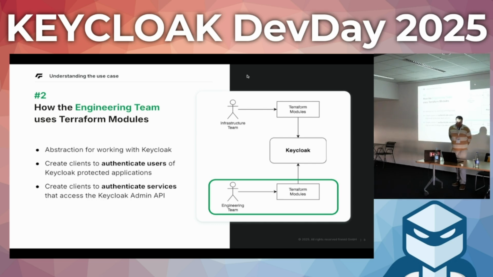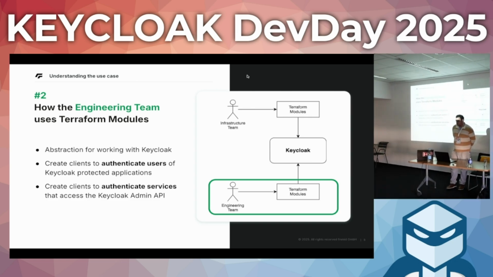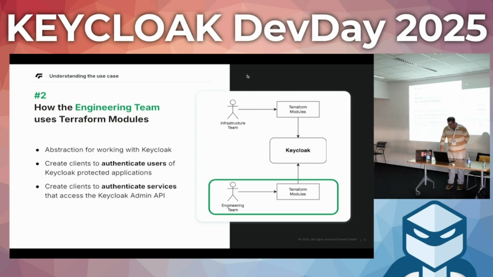So instead of using Keycloak directly in the admin API or admin UI, they can use Terraform modules to set things up. And for our engineers, basically 2 kinds of clients are important. One client is for authenticating users, and the other client is for authenticating services. Those services can then use the Keycloak admin API.